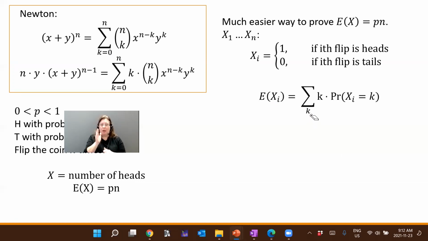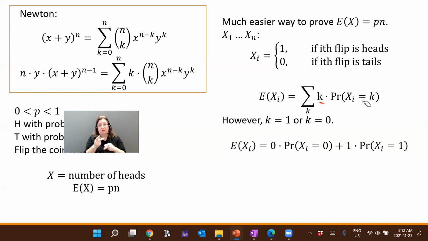The range is actually 0 or 1. So it's 0 times the probability that xi is equal to 0, plus 1 times the probability that xi is equal to 1. If I expand out this expression for the expected value of xi, I get this.